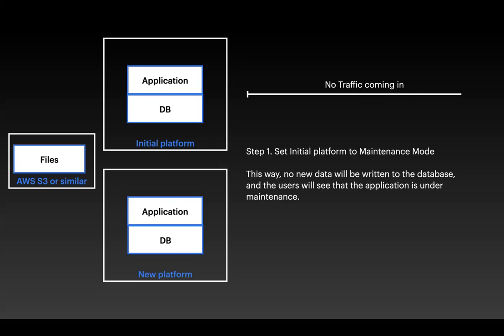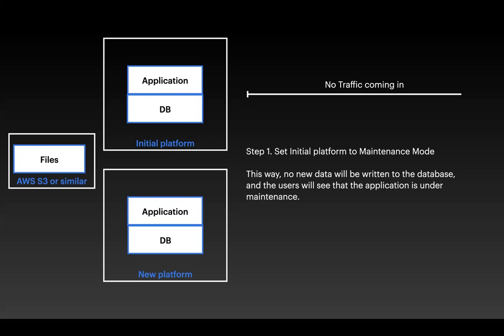So, okay, next step is you have all the setup on the new platform and it's totally identical with the application setup on the initial platform, right? And what you do now initially, and this is very important, for example in Heroku and other platforms, you set your application to maintenance mode.